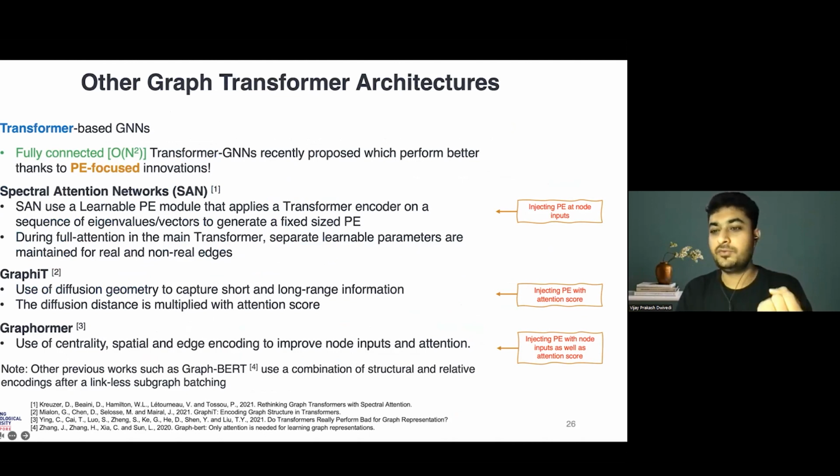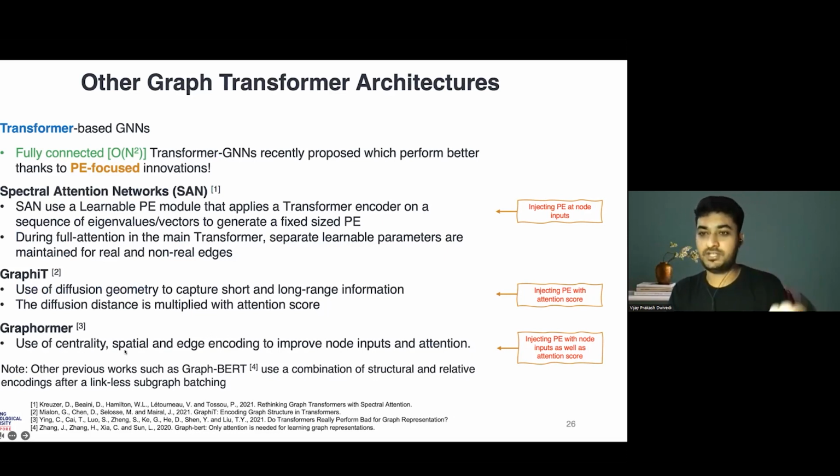And for this, we have different positional encoding based designs. For example, take Graphormer. In this case, if there's a graph of 20 nodes, let's say, it doesn't have this mask. It does attention in a fully connected 20 node graph. But in order to encode the degree centrality, it has degree centrality positional encoding.